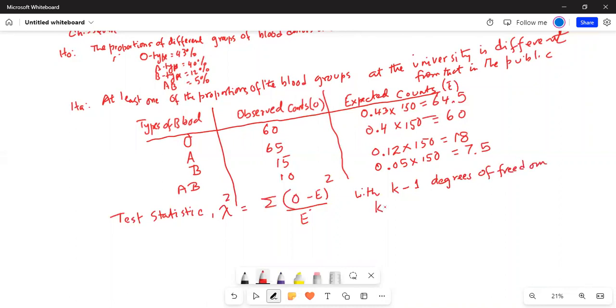Now K is the number of categories. Here K is equal to 4 types of blood categories.